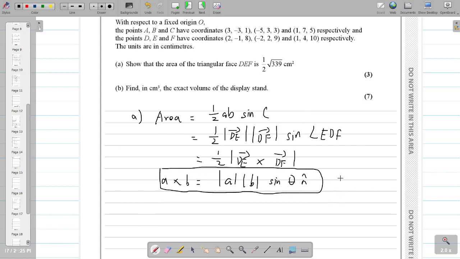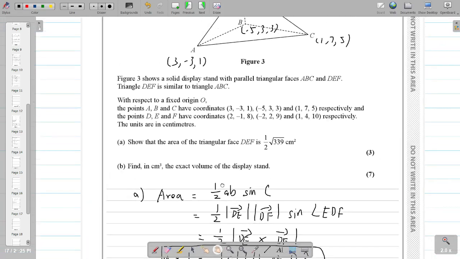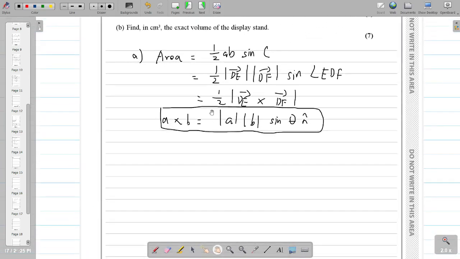So we just have to find the magnitude of DE cross DF. So first off, we actually have to find DE and DF first. So let's write DE and DF down.